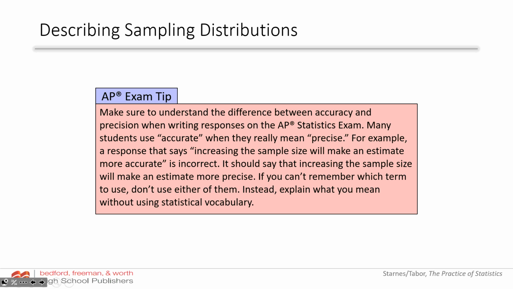If you know how to use them correctly, great. If not, don't use that terminology. Just explain it. So you could say something like, the sample means were all really close to one another. In other words, if the sample means were all really close together, we're talking about precision, low variability.